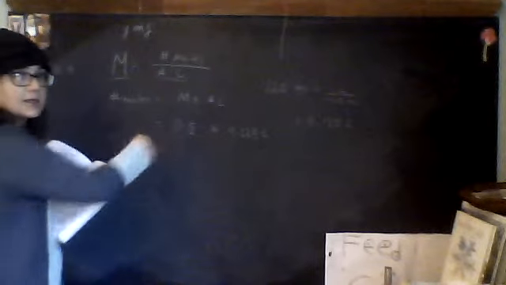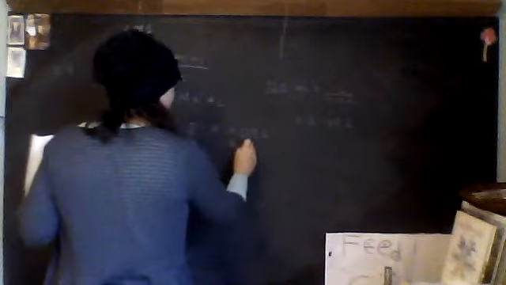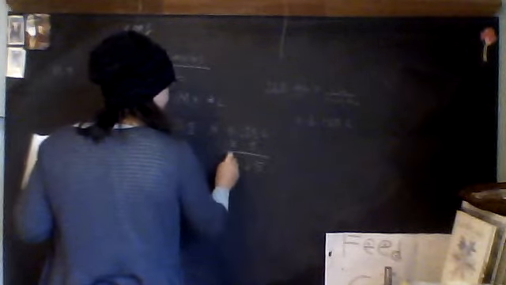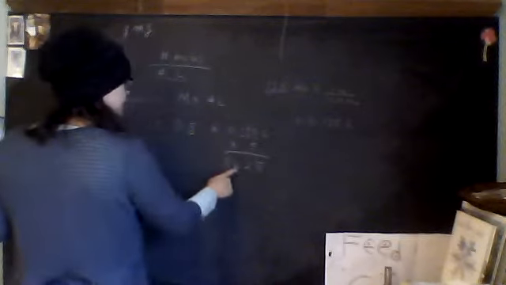0.125 liters. Before I perform this math, I want us to see how many significant digits we are going to report in our answer. This has 1. This has 3. We're going to report 1 significant digit in the answer. So I'm going to multiply this by 0.5, and I'm going to say 1 significant digit equals 0.06, and this is moles.